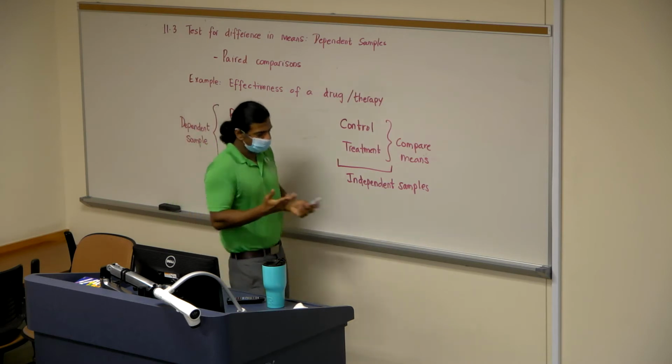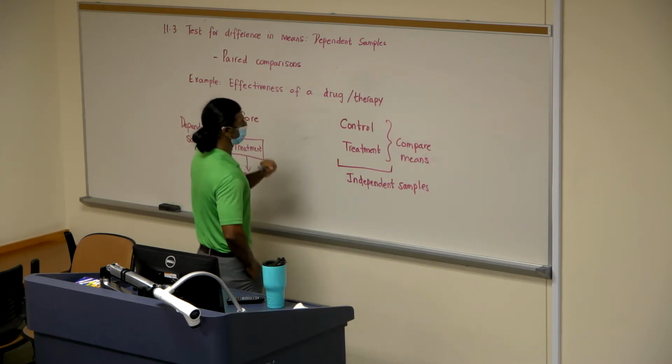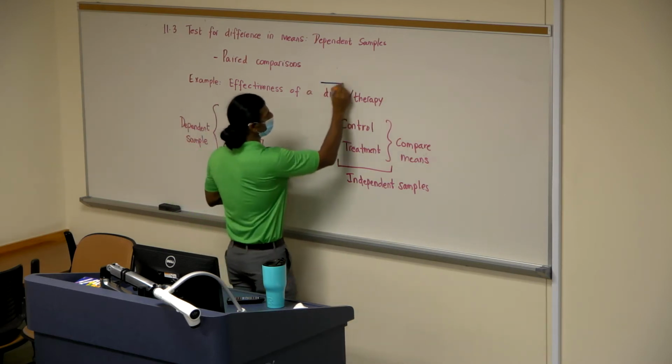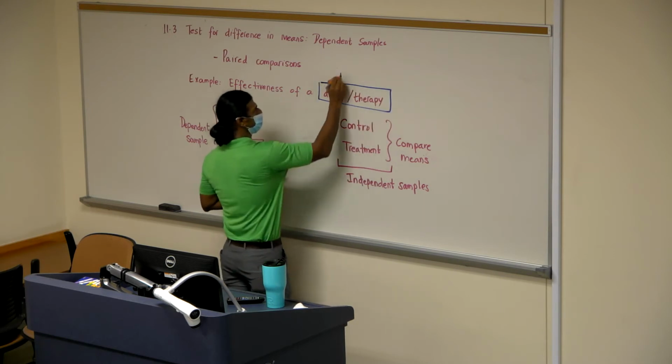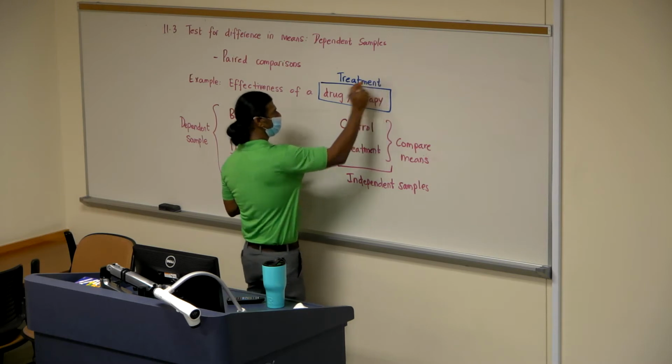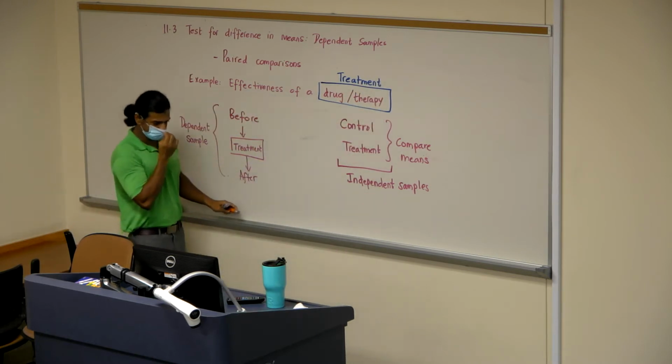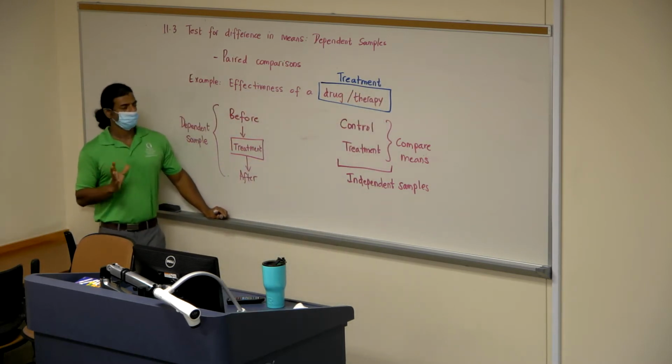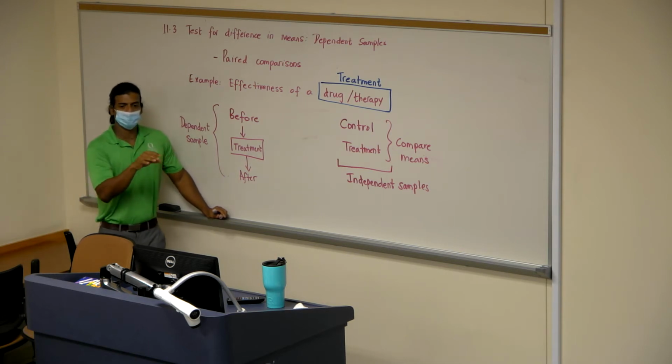And what is this treatment that we're talking about? In this particular example, it would be the drug or the therapy. And treatment is actually a standard term that we use in statistics. We introduce a treatment and we want to measure the effect of the treatment or the effectiveness of the treatment.